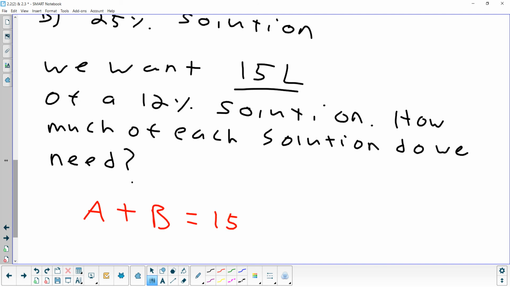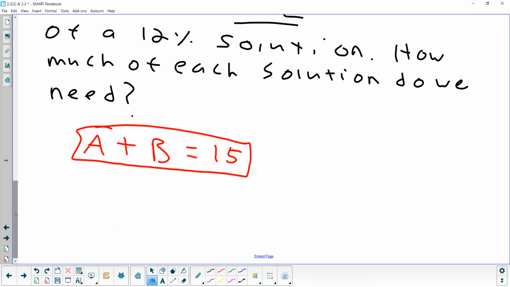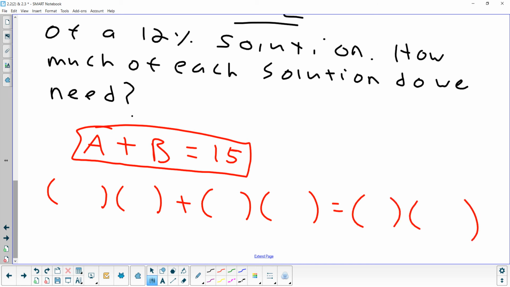So there's our first equation. A plus B equals 15. Now we have to set up an equation that deals with the concentration. All right. So concentration times amount plus concentration times amount equals our final concentration times our final amount. Now we just have to fill it in.